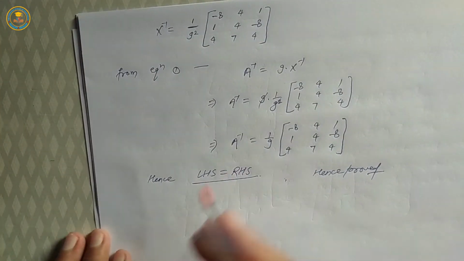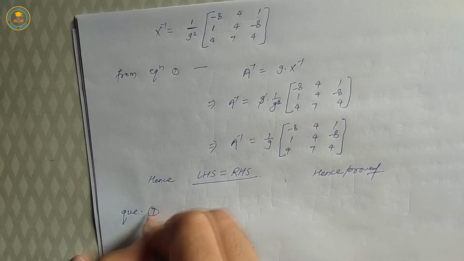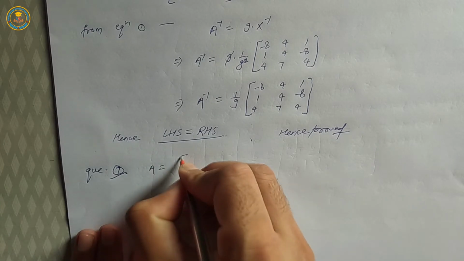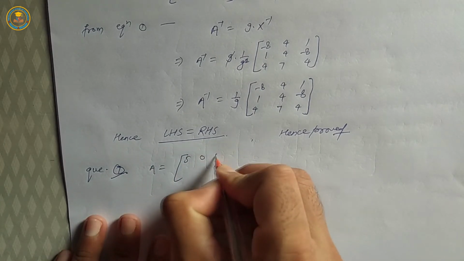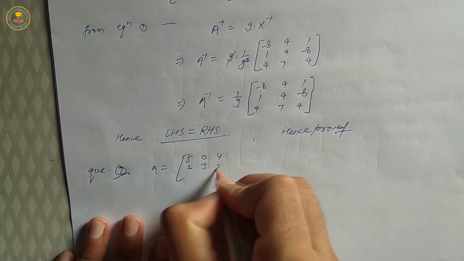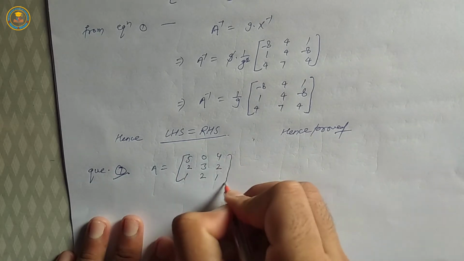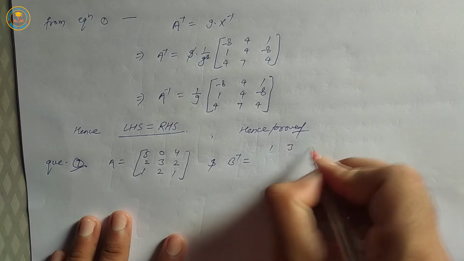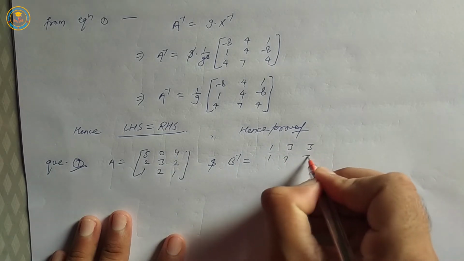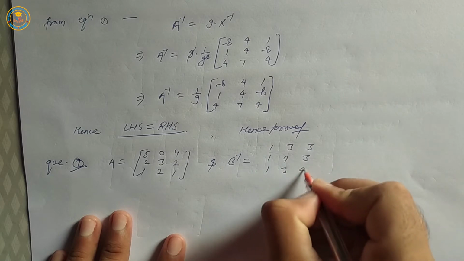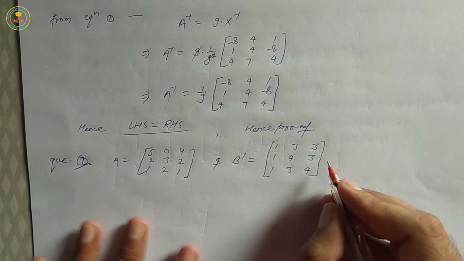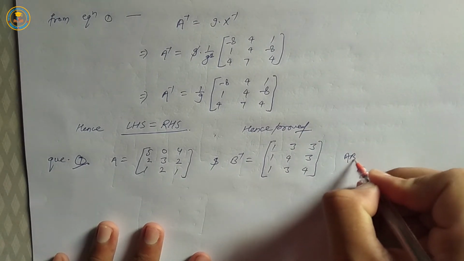Next question, question number 7. If matrix A equal 5 0 4, 2 3 2, 1 2 1, and B inverse is equal to 1 3 3, 1 4 3, 1 3 4, find the value of AB inverse.